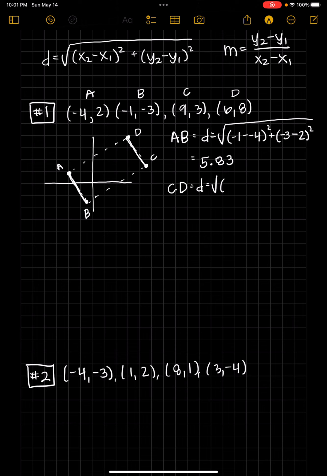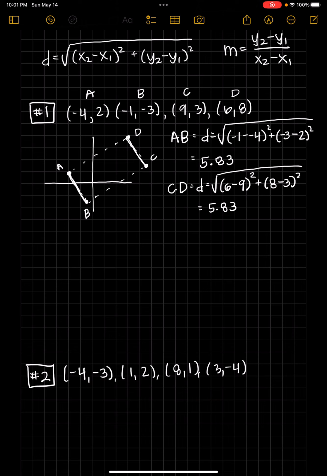So we're going to have x2, which is 6, minus x1, which is 9, squared, plus 8 minus 3, those are my y's, squared. Let's plug that in. So we're going to have the square root of 6 minus 9 squared plus 3 squared, and I get that that is also equal to 5.83. Okay, so those two sides are the same length.